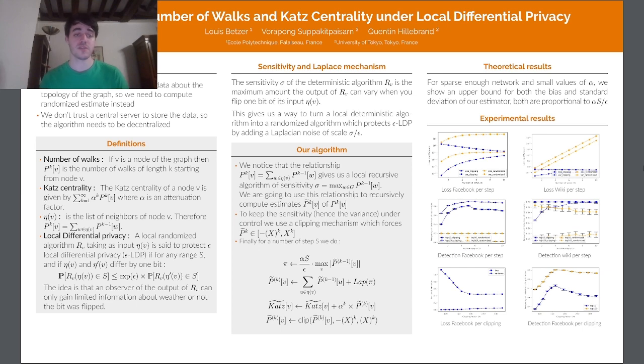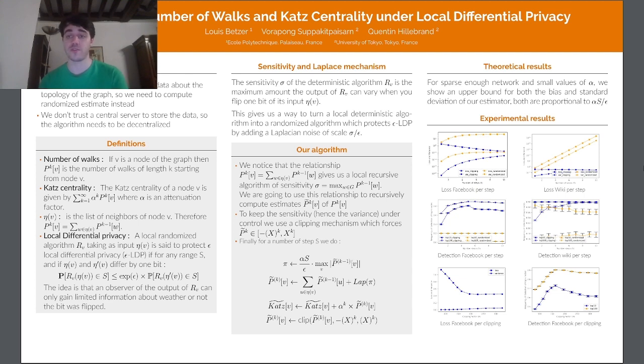This is because the real definition of Katz centrality would be to go all the way to infinity during our calculation, but because we stop at some step s, we introduce some significant bias, and so when we increase this number of steps s, we are getting closer and closer to the ground truth, and hence we are reducing the bias.